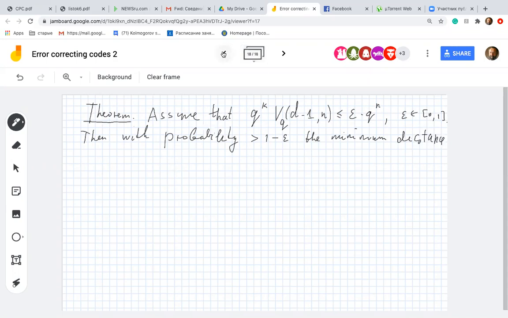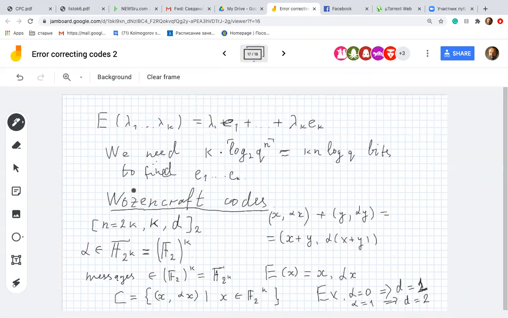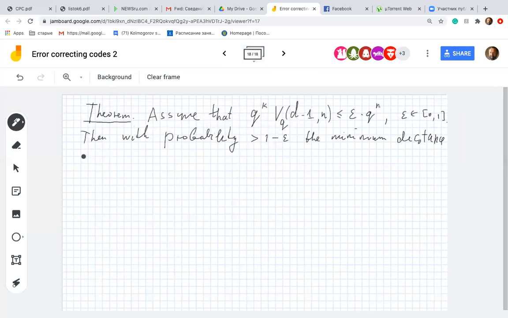Let's see whether I had introduced C alpha. So call it C alpha, the set of code words of the Wozencraft code.